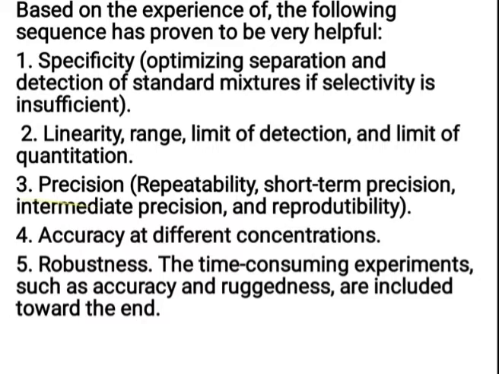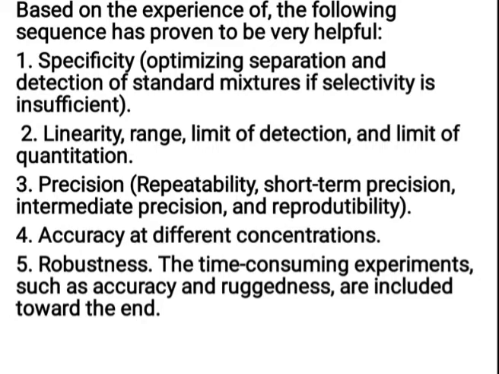So the first point is specificity. Specificity is optimizing separation and detection of standard mixtures if selectivity is insufficient. Means optimize the separation and detection of standard mixtures. Then the second point is linearity, range, limit of detection and limit of quantification.